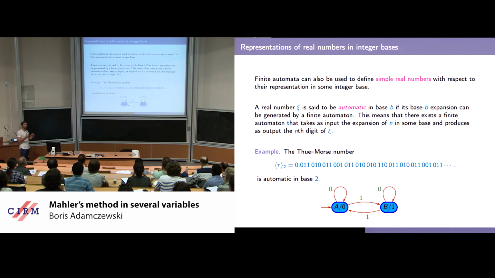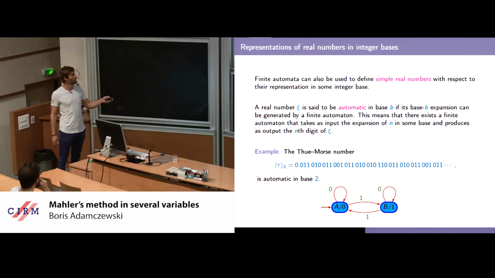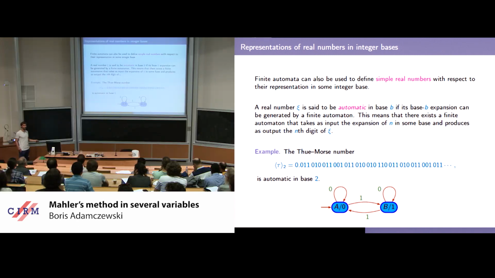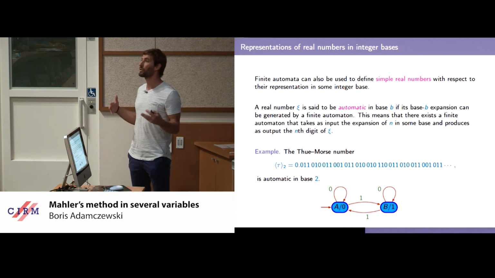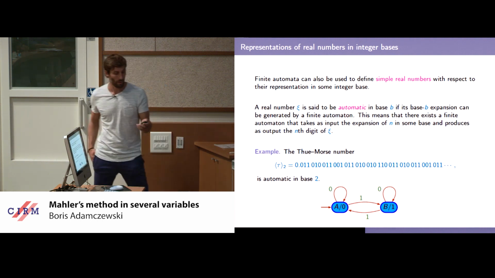So it provides an infinite sequence which is not periodic. So this number is an irrational number, which is called automatic in base 2. And from the computational point of view, these automatic numbers are the simplest computable numbers we have.